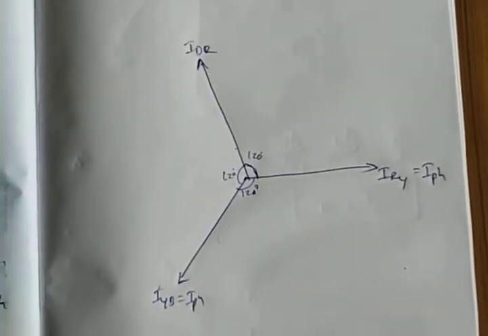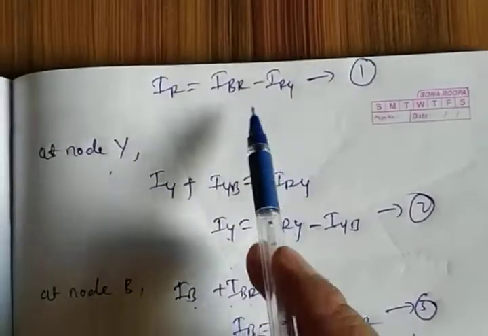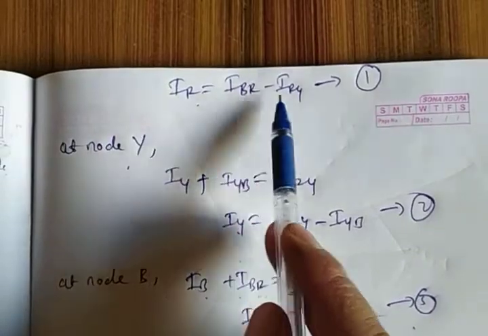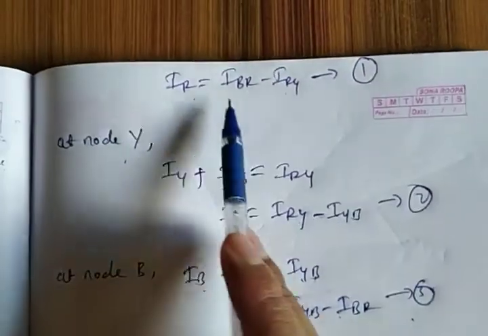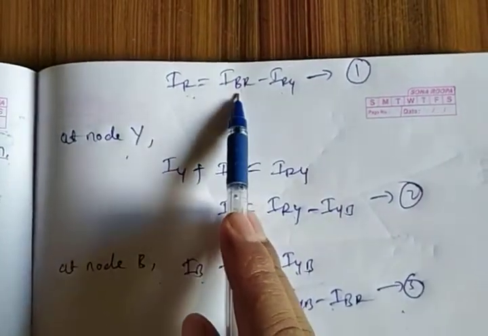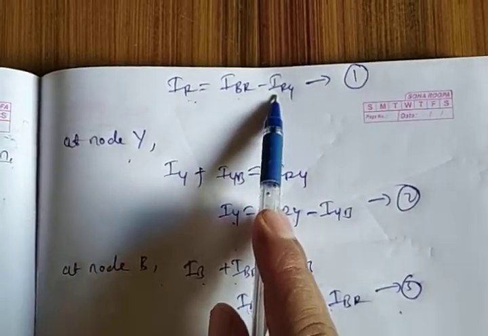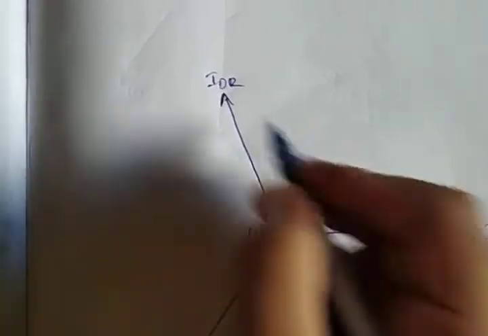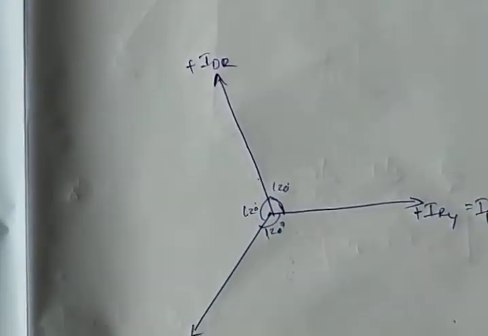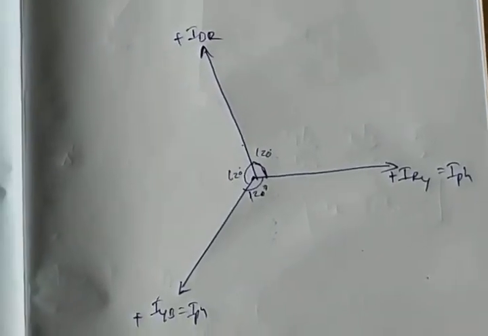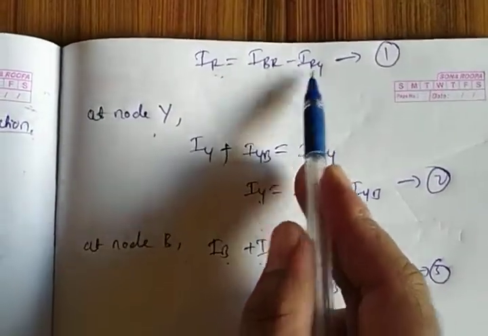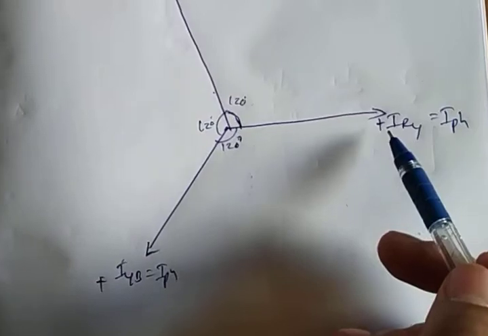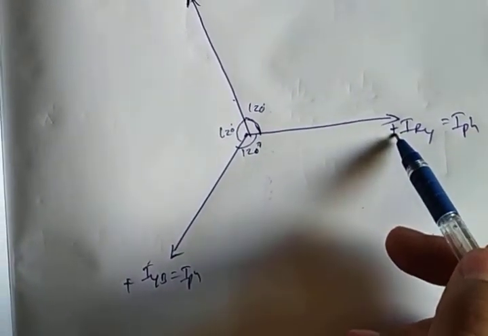Now to draw these equations in the phasor diagram, IR is equal to IBR minus IRY. So to get the IR value, we need to draw IBR minus IRY. IBR is here. These are all the assumed positive directions. Remember, you can assume any direction. So plus IBR, and minus IRY is required. To get the minus value, always take the opposite of the plus.